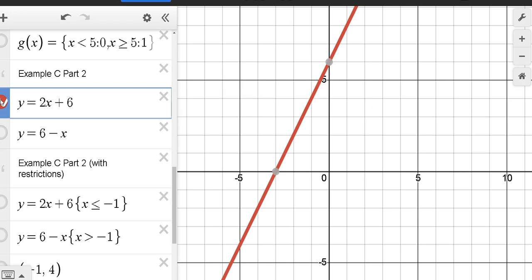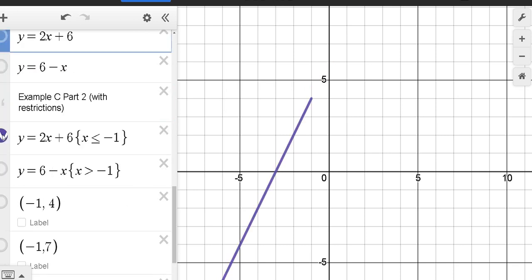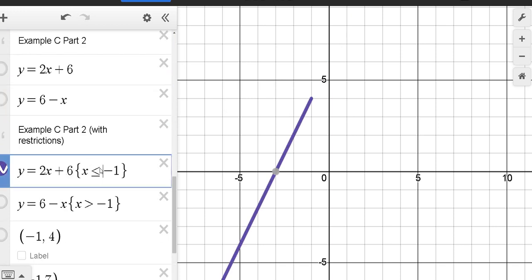So what I'll do is I'll shut off this and I'll only graph part of that line. That's where it stops. Now, because this is, you mean x equals negative? x should be less than, not less than or equal to, less than -1.